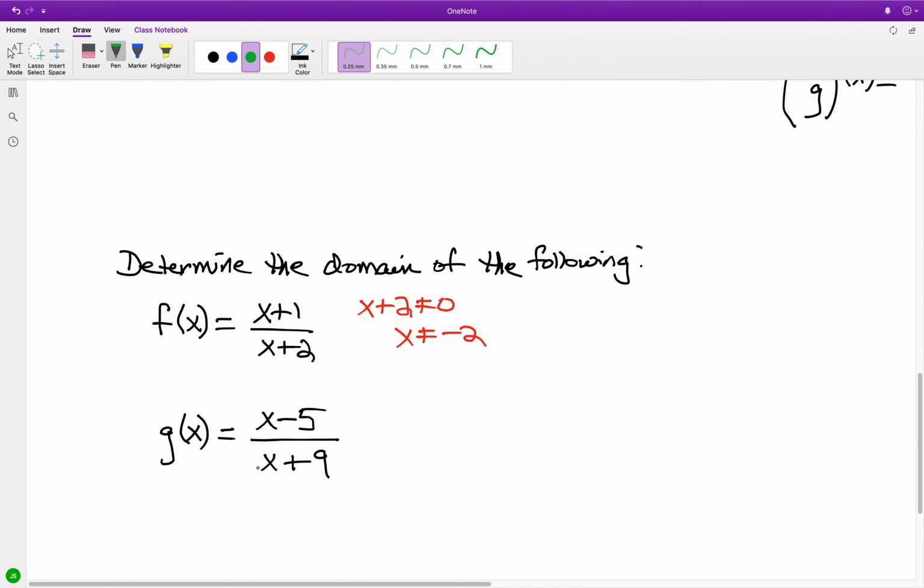Now for g of x, again, we have another rational expression. x plus 9 cannot be 0, so we have that x cannot be equal to negative 9.